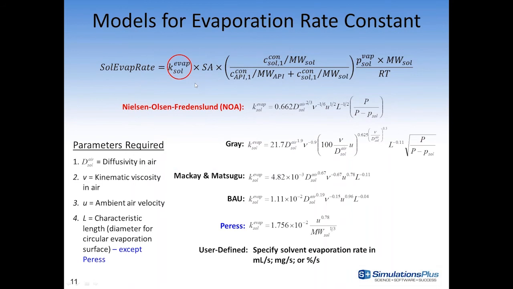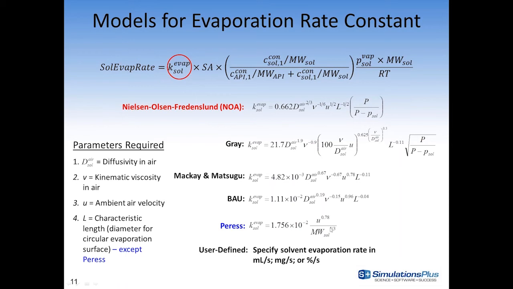Of course, the next question is, how do I get this K-evap term to tell me my evaporation rate? When we looked into the literature, we found several different equations meant to estimate this K-evap term. Generally these are based on things like the diffusivity of your vehicle in the air, the kinematic viscosity, the ambient air velocity, and the characteristic length, which is basically related to the surface area.